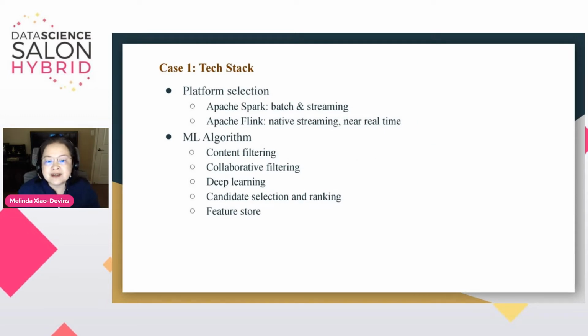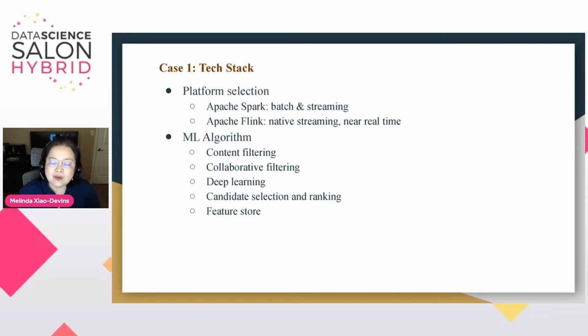The technology involved here, first of all, is choosing the platform. And Apache Spark is a very popular platform for building the recommender system. It supports batch processing as well as streaming data processing. And lately, Apache Flink supports native streaming and provides near real-time performance.